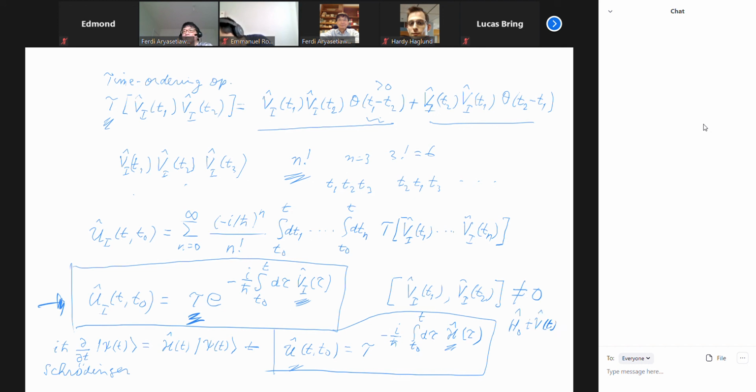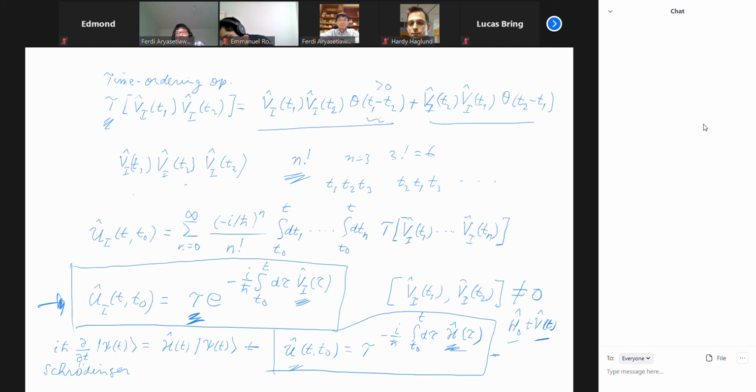That's a complicated object, especially since H0 and VT do not in general commute. It looks simple, but it's not so useful in the sense that you cannot easily apply this form in practice. So this is the general solution.